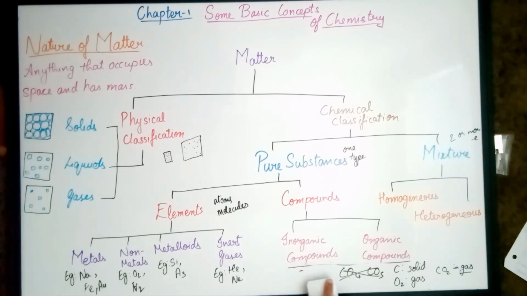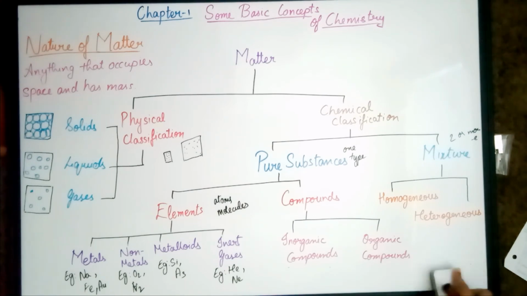Compounds are classified into two. One is organic, the second is inorganic. Inorganic compounds are available from non-living things. They could be sodium chloride from seawater, baking soda, washing soda.